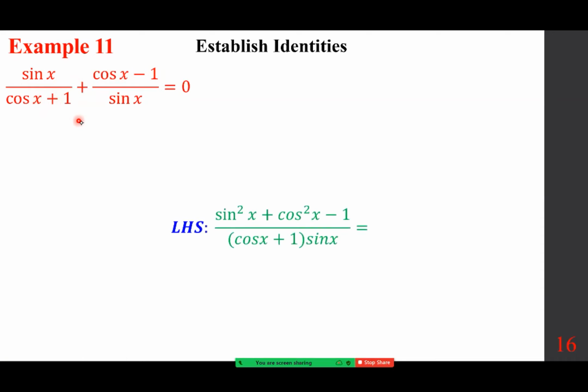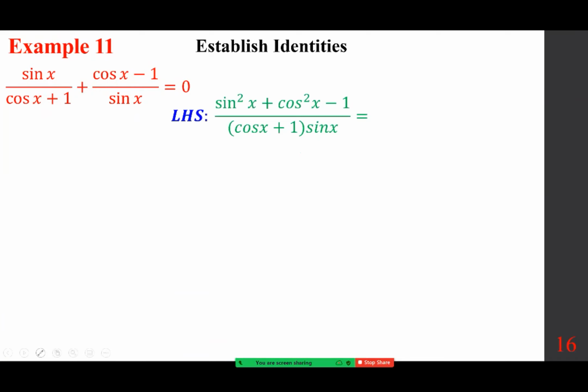So I'm going to quickly show you. So what this is clear. Sine x times sine x. What this one is cosine x minus 1 times cosine x plus 1, which makes it cosine squared minus 1.